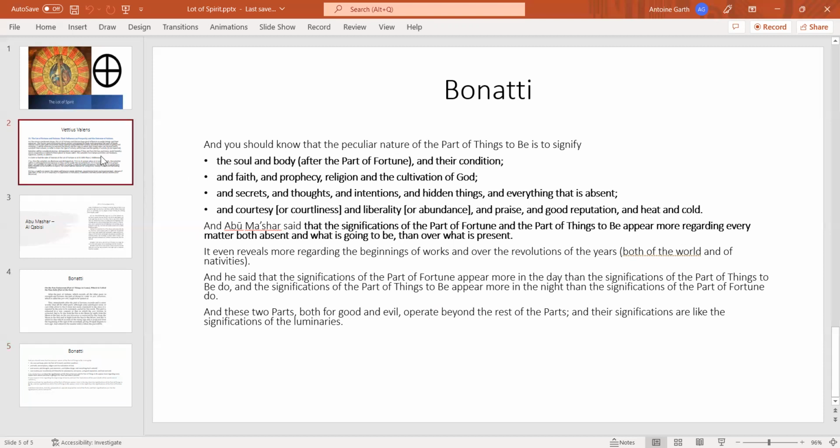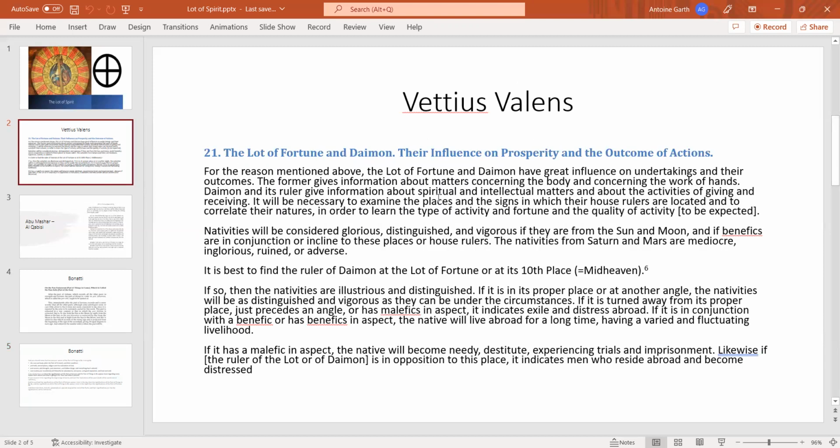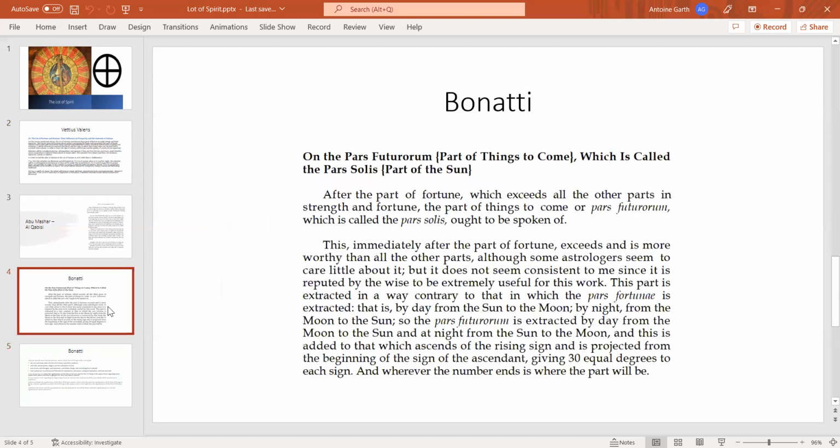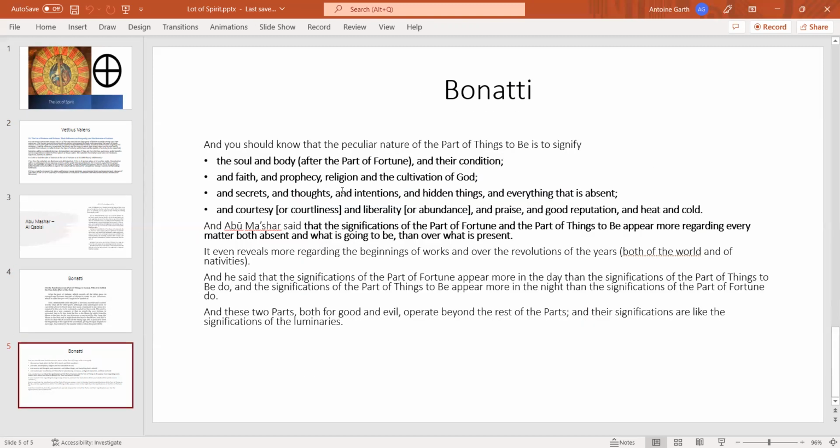Because remember, Balance said spiritual and intellectual matters, right? So it looks like we can trifurcate. It's talking about a person's faith, which of course no person knows, right? And their connection to religion, or their connection to God.